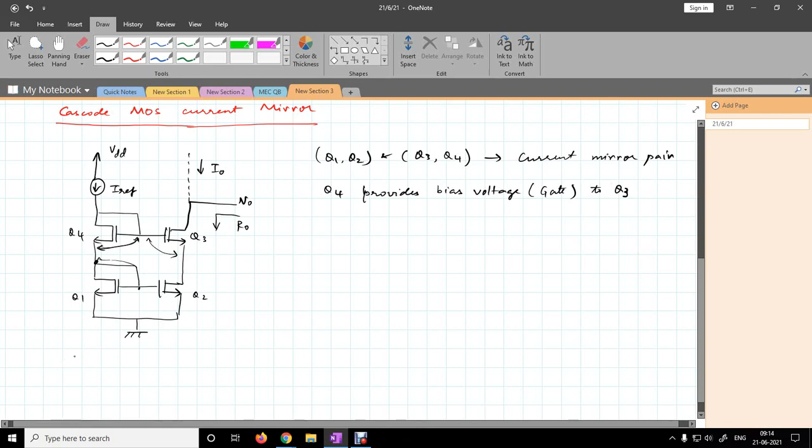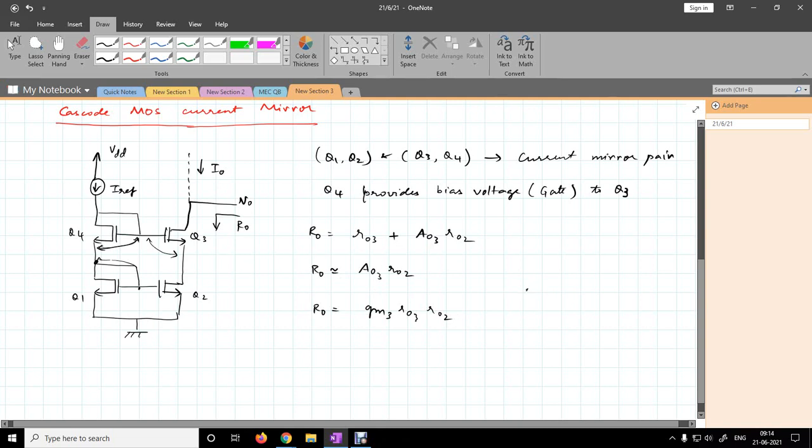Alright, so output resistance R0, you can write it as R03 plus the intrinsic gain of transistor Q3 into R02, right? So you can write R0 as A03 times R02, which is R0 equal to GM3 R03 times R02.